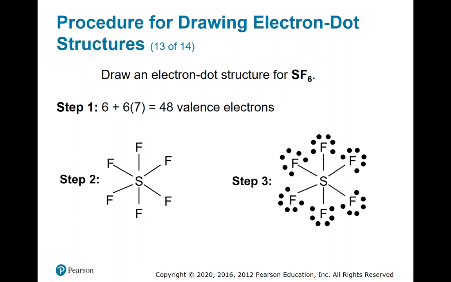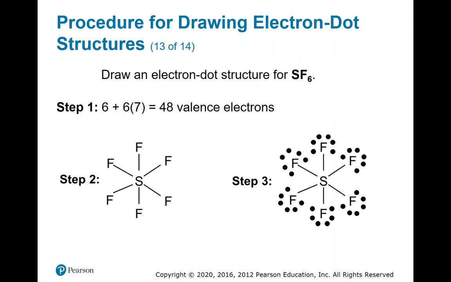And so in step 3, we have sulfur in the middle, we have fluorines, 6 of them around the sulfur, and each of them has 3 lone pairs of electrons around it. And that accounts for all 48 electrons, so we don't have any more electrons to place after that. So nothing to do in step 4.